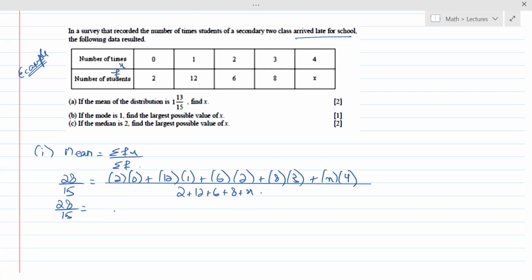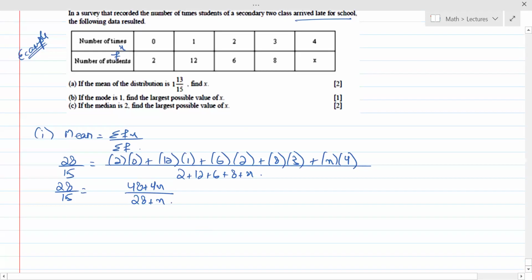It would be 48 plus 4x divided by, denominator would be 2 plus 12, that's 14, plus 6 is 20, plus 8 is 28. So 28 plus x. And now we'll follow the basics of algebra. We'll go for cross multiplication. So 28 into 28 plus x is equal to 15 into 48 plus 4x.